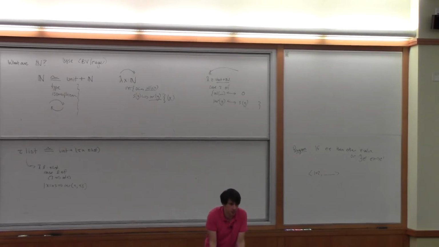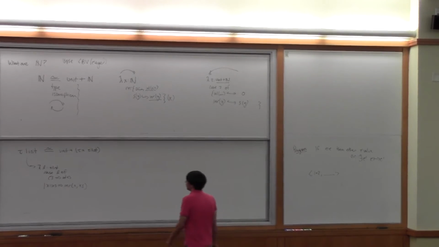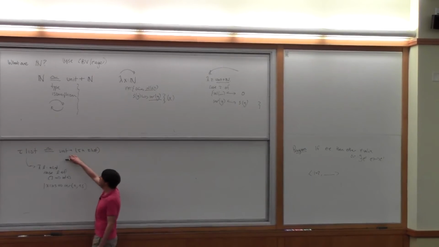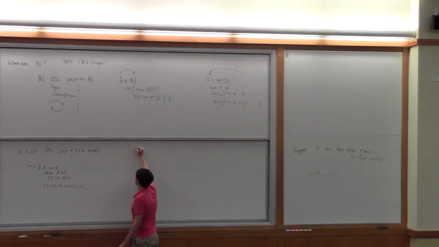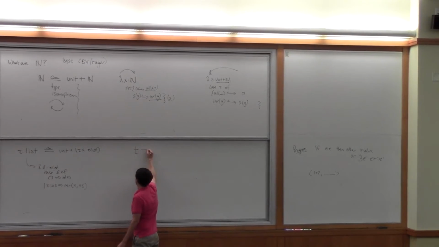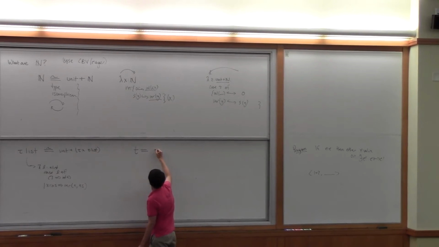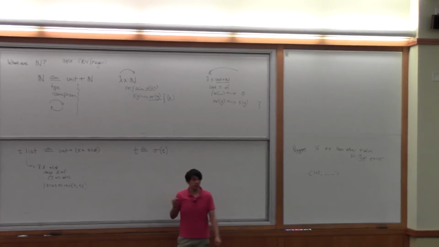like that. Okay? So what we've got is this idea that types can be characterized, or at least certain inductive types like nat, are solutions to equations of the form t is equal to something of t, up to isomorphism.